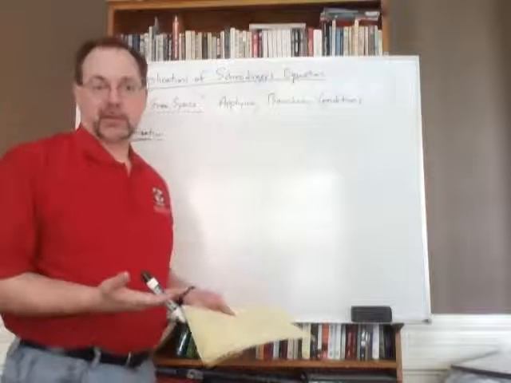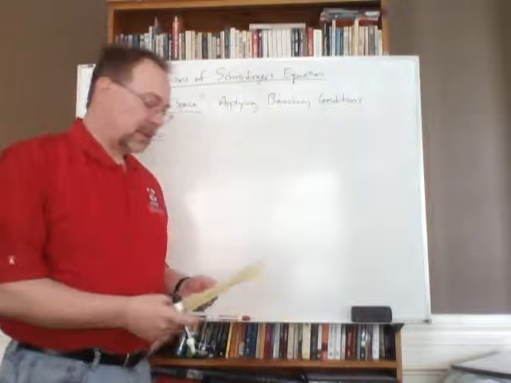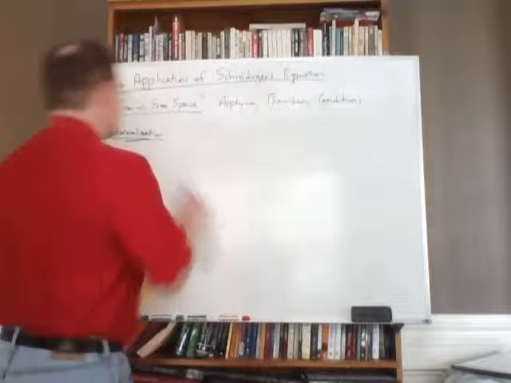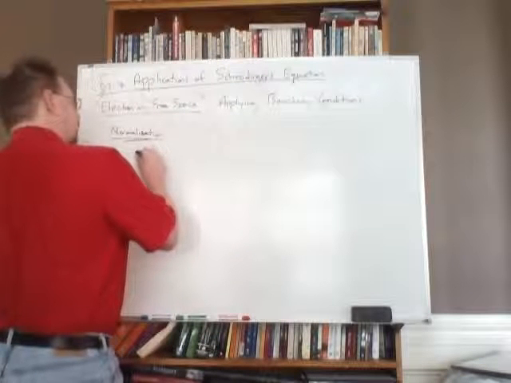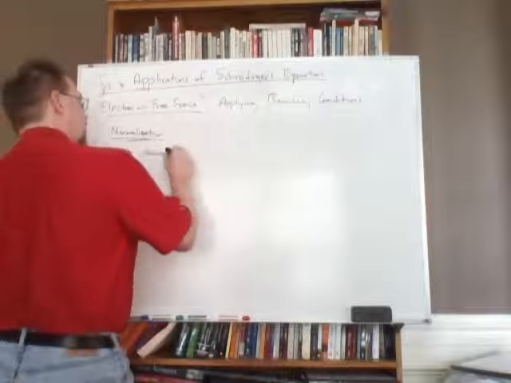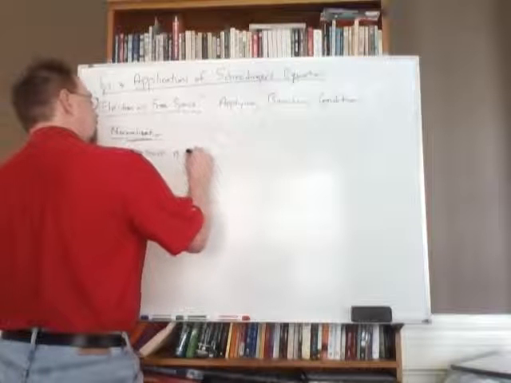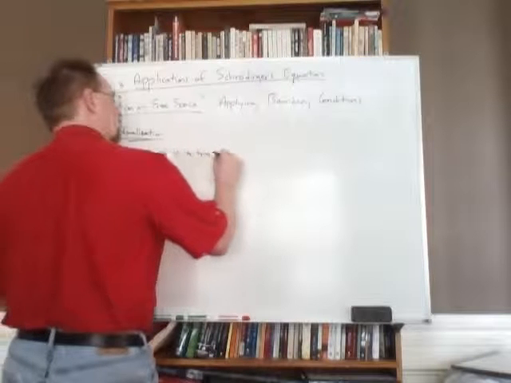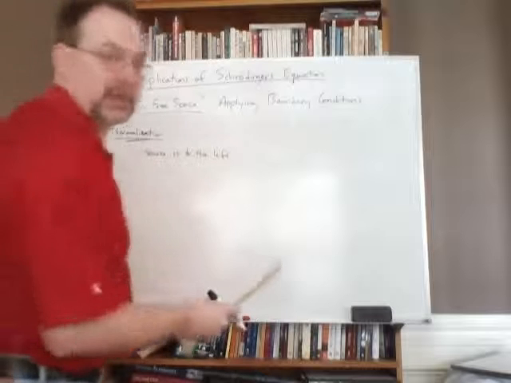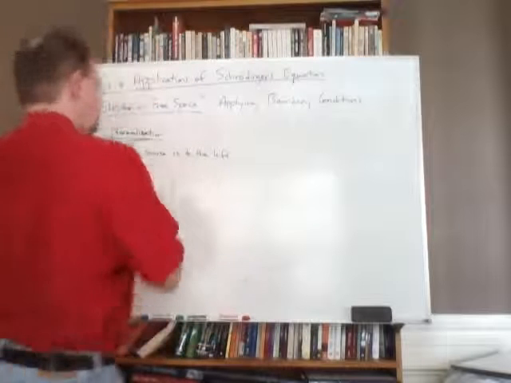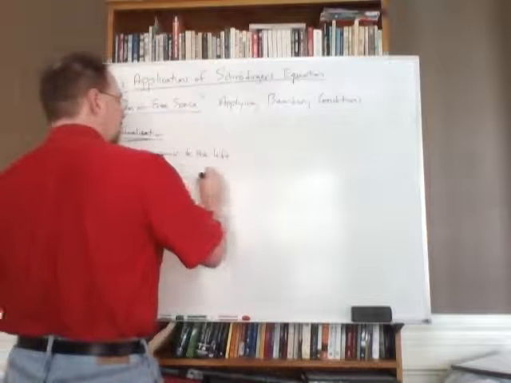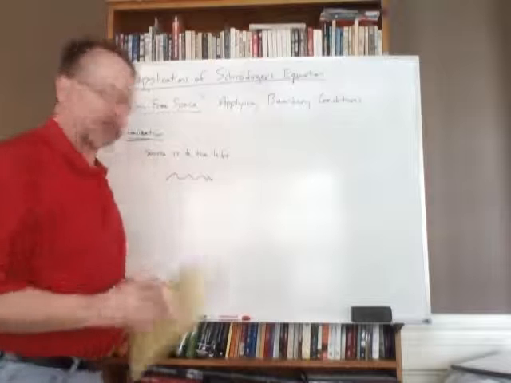There's obviously a source because it exists, and let's assume that the source of the particle is to the left somewhere. It's over here to our left somewhere. So the particle is traveling to the right.